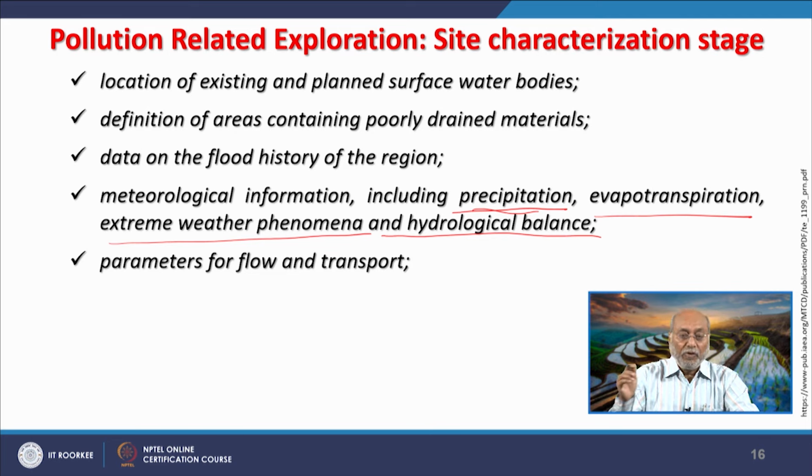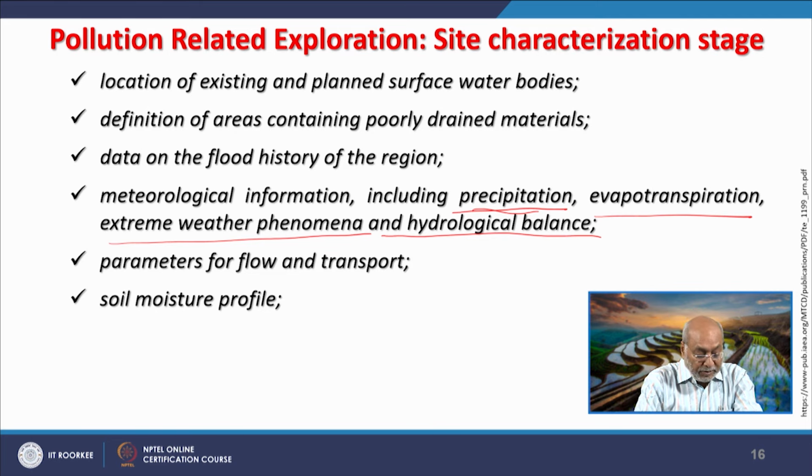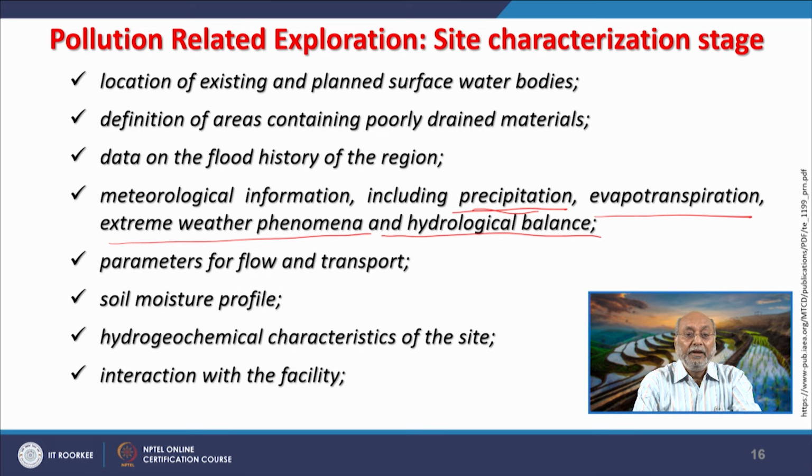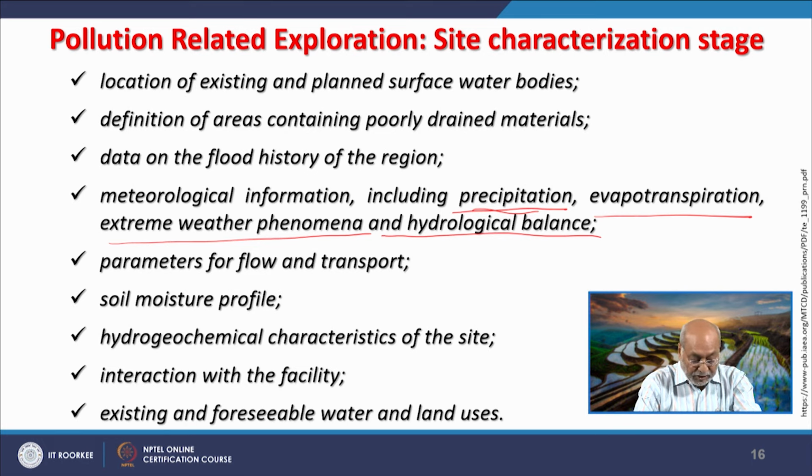In non-point source pollution, there will be other kinds of measures. So, parameters of flow and transport, which we have been discussing, the soil moisture profile, hydrogeochemical characteristics of the site, interaction with the facility, and finally existing and foreseeable water and land use: how that water will be used, and how much water can be recycled.